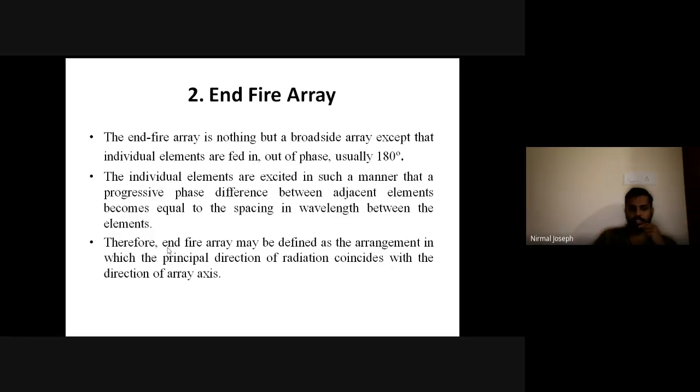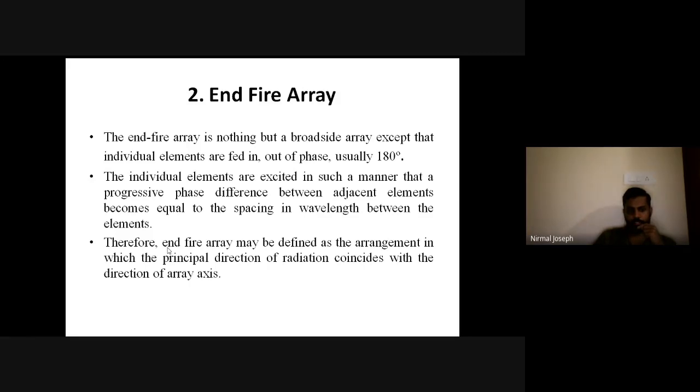Therefore, an end-fire array may be defined as an arrangement in which the principal direction of radiation coincides with the direction of the array axis. The only difference with the broadside case is that here currents are out of phase. There will be a progressive phase difference of 180 degrees between the currents of each element.